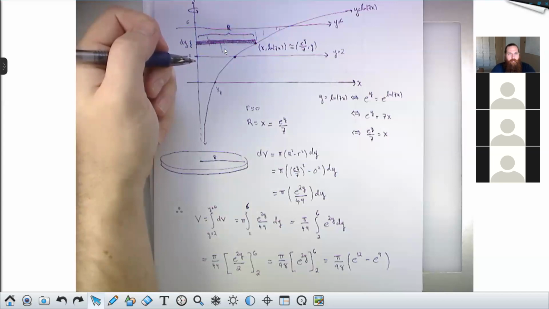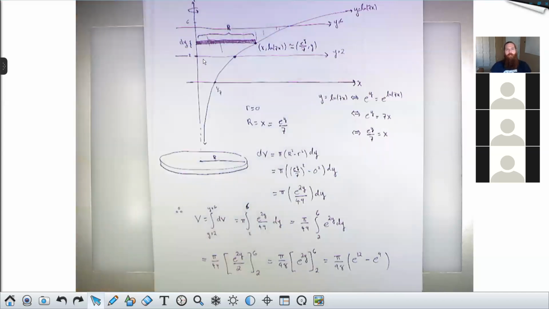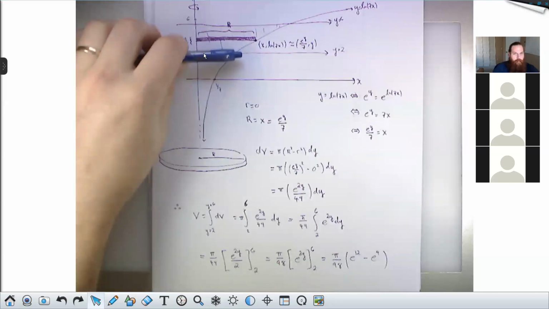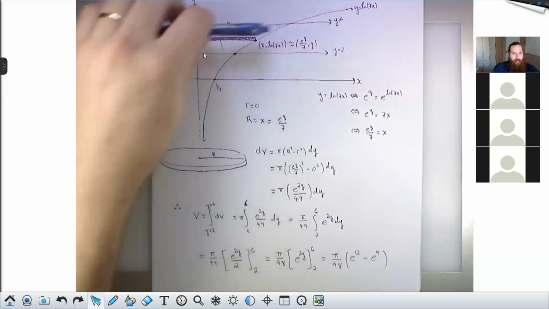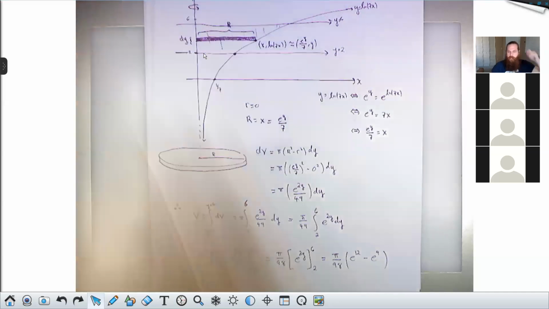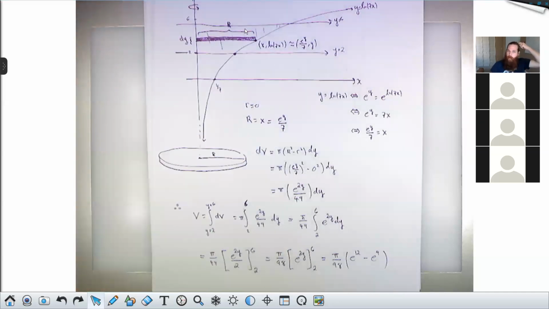So r changes as the strip moves. The size of r varies depending on where we are. It's true that one of the values for capital R is down here. This is the smallest value for capital R, and the largest value is up here. But in between, it takes a bunch of other values also.